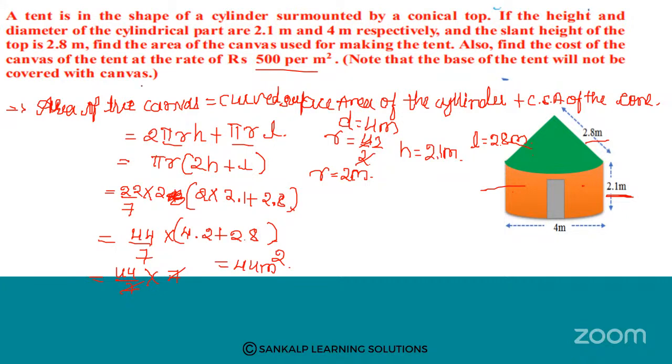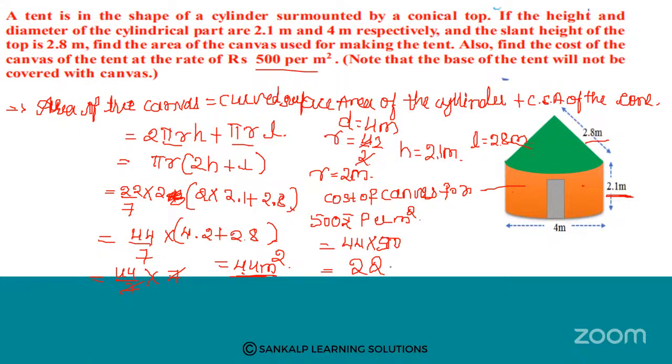So cost of the canvas of the tent at the rate of 500 rupees per meter square is equal to the area of the canvas, 44 meters square, into 500, that is equal to 22,000 you will get. 44 into 500 is 22,000 rupees.